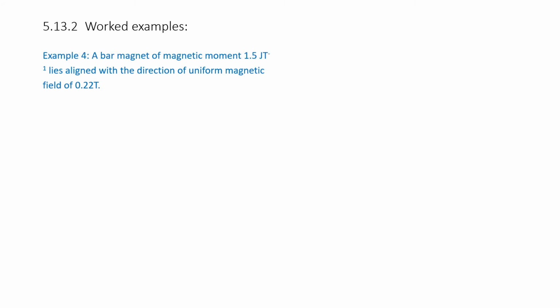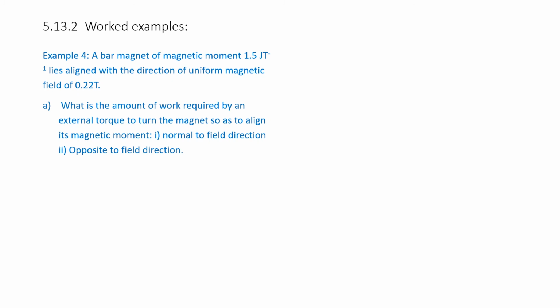Example number 4. A bar magnet of magnetic moment 1.5 joules per Tesla lies aligned with the direction of a uniform magnetic field of 0.22 Tesla.